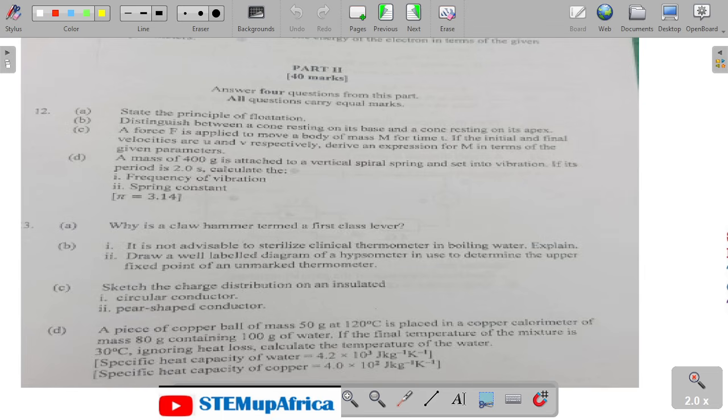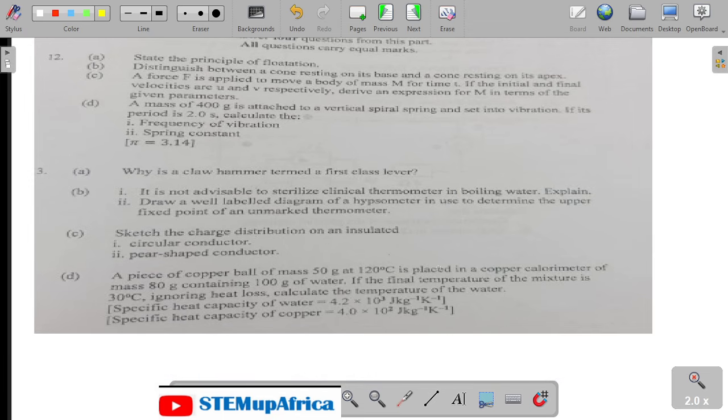So let's go to question 12d. It says a mass of 400 grams is attached to a vertical spiral spring and set into motion. If its period is 2.0 seconds, calculate the frequency of vibration.